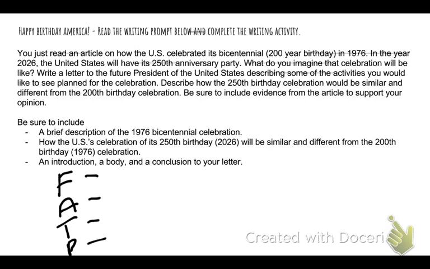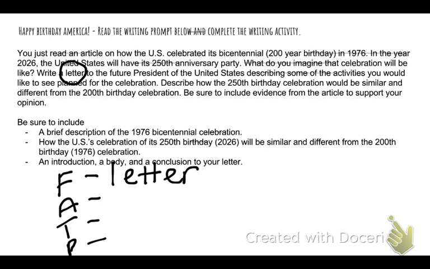All right. Form. What am I writing? Am I writing an essay, a story? What am I actually writing? Let's think about this as I go through my prompt, and I'm looking and I'm looking. Oh, it says right there, write a letter. So I am going to write a letter.